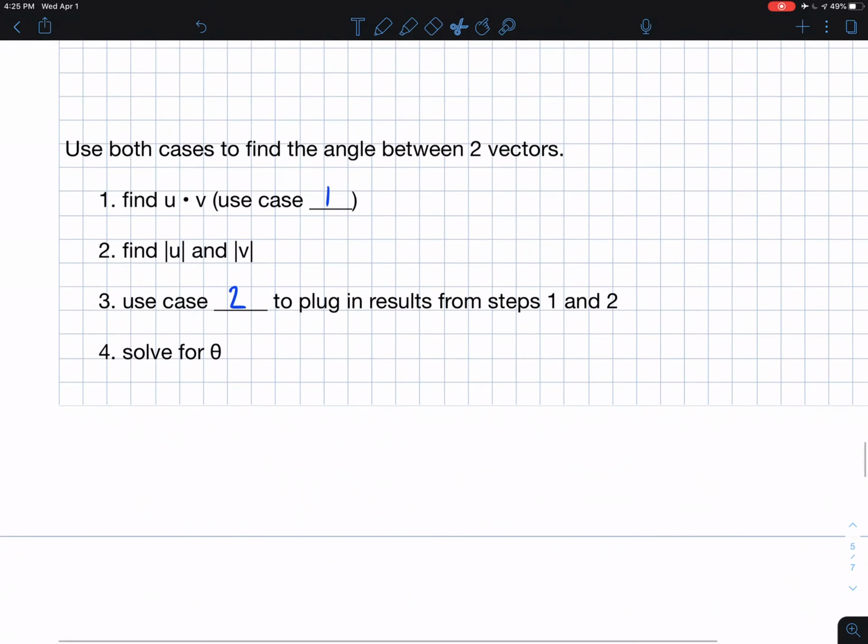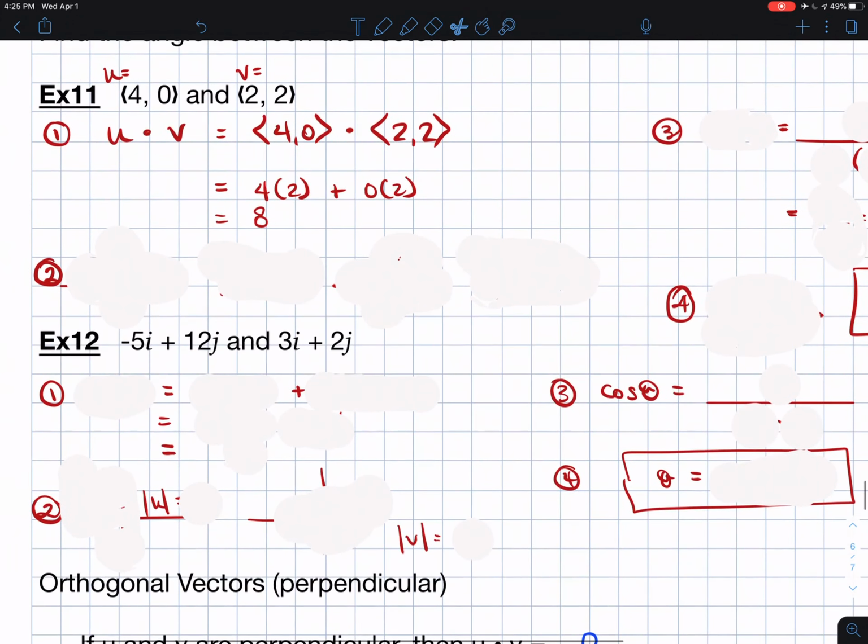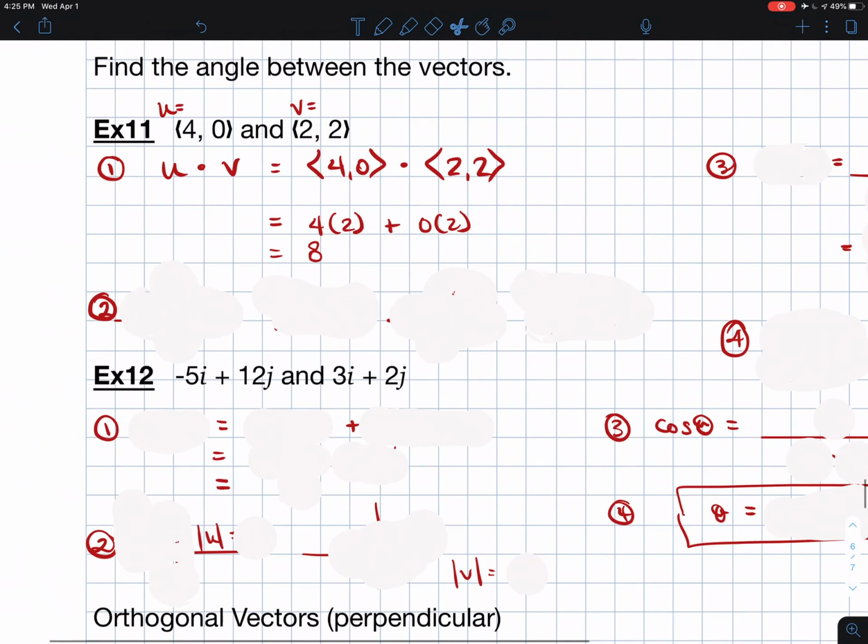Step number 2, go find both of your magnitudes. Now you remember in the notes video, magnitude is simply found by using the Pythagorean theorem. Okay, so magnitude, that's not a difficult concept. The first thing I do is, remember that I told you that whenever you have legs, you want to draw a picture? So that's the first thing that I did. There's my first vector's picture.